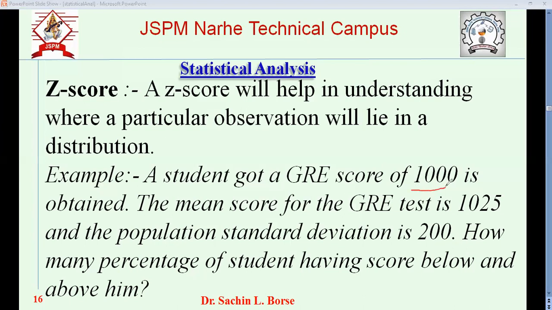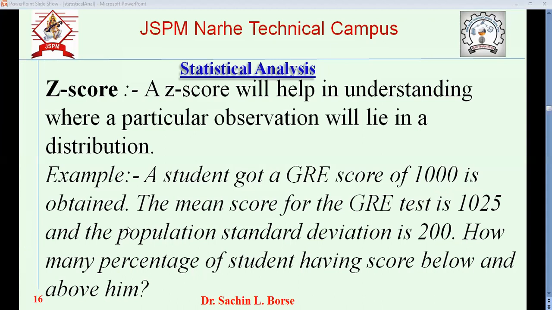So we will take the example of a particular GRE score of a student. There is one student having a GRE score of 1000, and the mean of the GRE score is 1025. Standard deviation is 200. So the first step will be to find the Z score. Once we find the Z score, then we can go to the table and find the area.